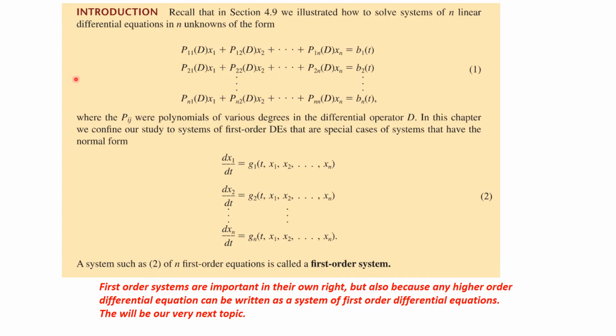By way of introduction then, recall that we did talk already in previous lectures about how to solve something that looks like this, where you had a system of equations that were differential equations in unknowns, and we had differential operators P11 of D operating on x1 and so on and so forth, x1 through xn, and we had these right hand sides, and the Pij are polynomials of various degrees in the differential operator.